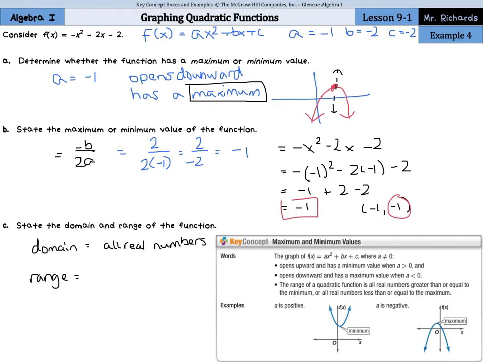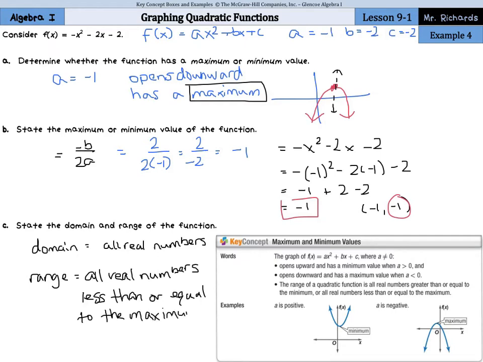And so we're going to write for this all real numbers less than or equal to the maximum value of negative 1. And if we wanted to write this in the correct notation, we could write with a little bracket, y is less than or equal to negative 1.